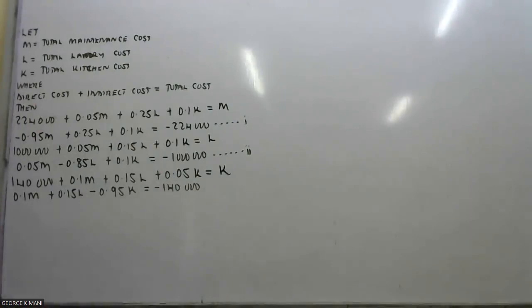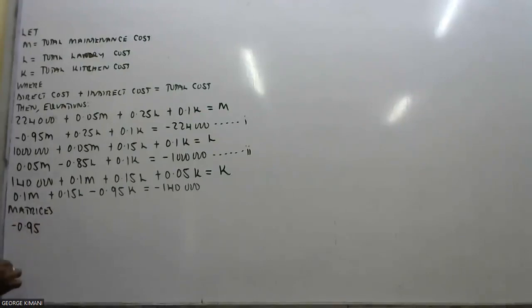Now, those are the equations. So maybe you should have said here, equations, so that now we come here and say matrices. If you have to express them in matrix form, we take the coefficients.